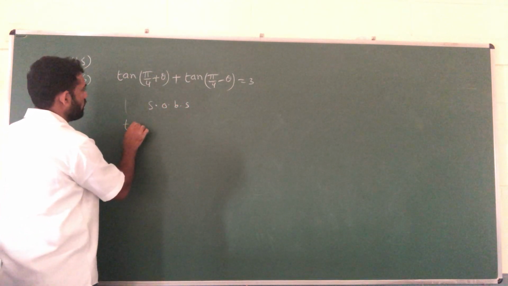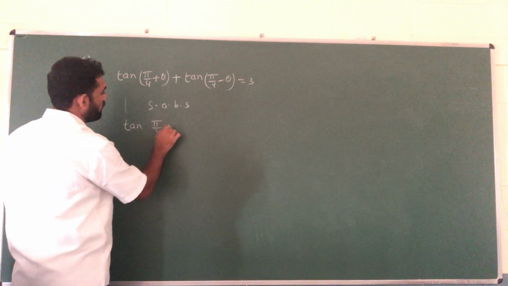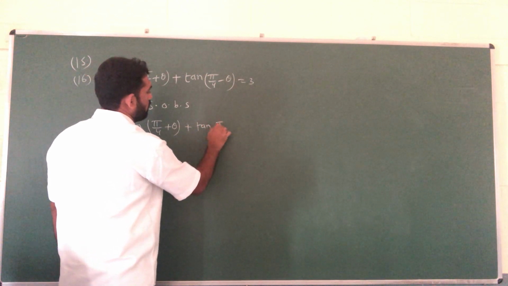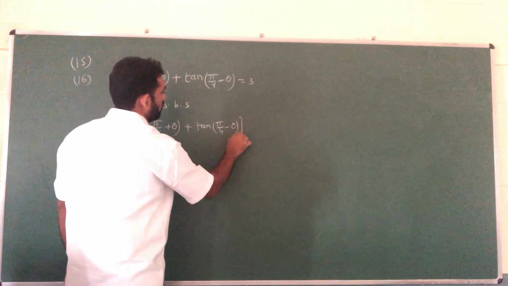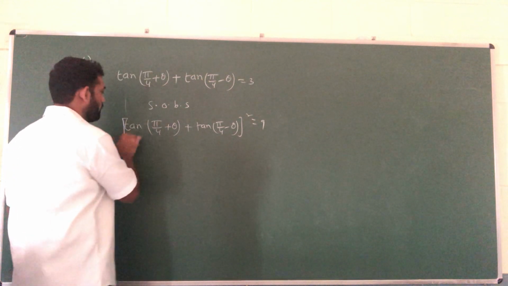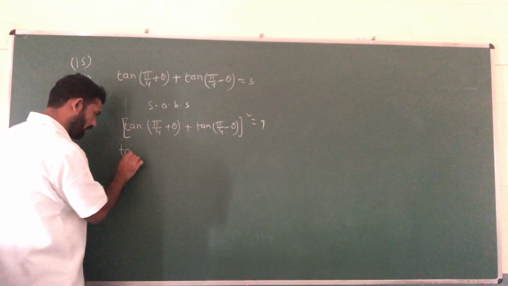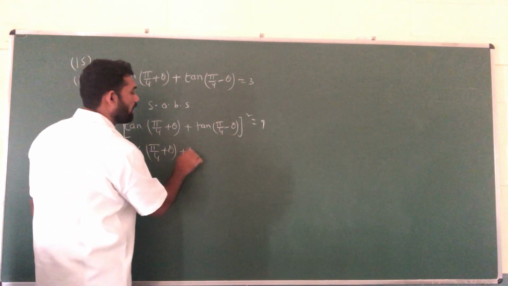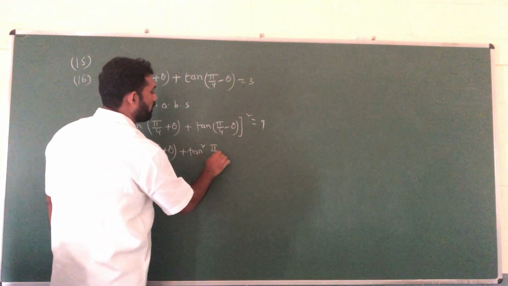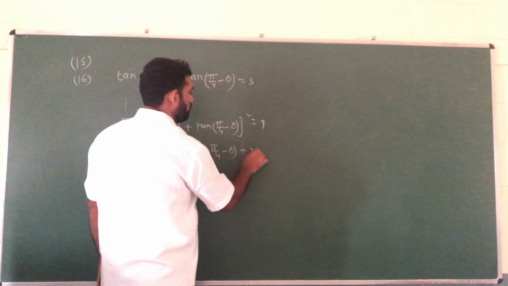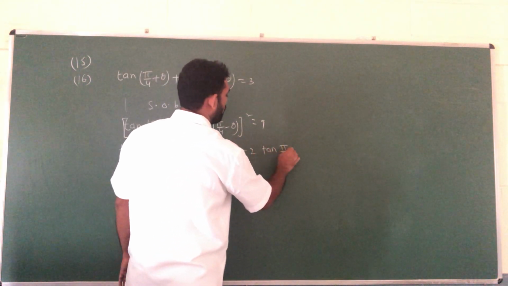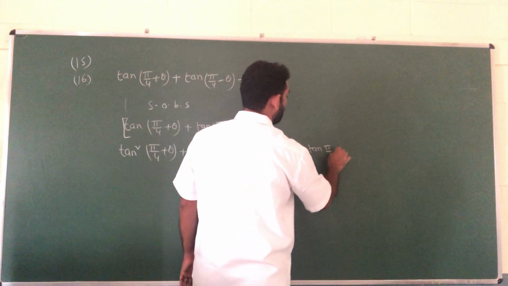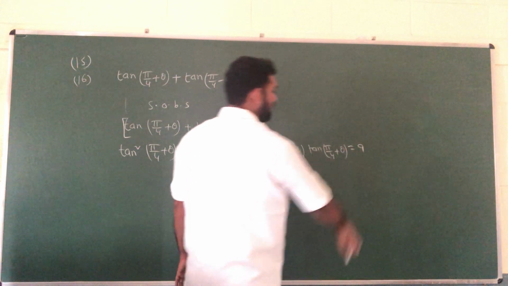So tan pi by 4 plus theta plus tan pi by 4 minus theta, whole square, is equal to 9. That is tan square pi by 4 plus theta plus tan square pi by 4 minus theta plus 2 into tan pi by 4 minus theta, tan pi by 4 plus theta, equal to 9.